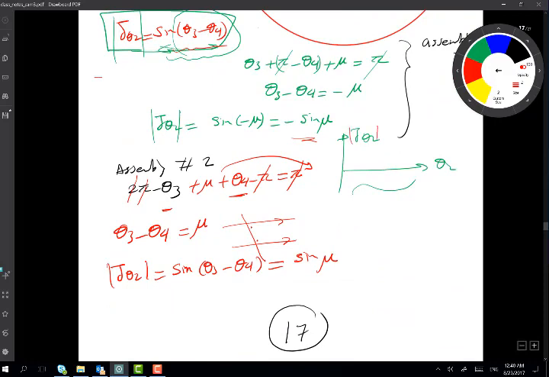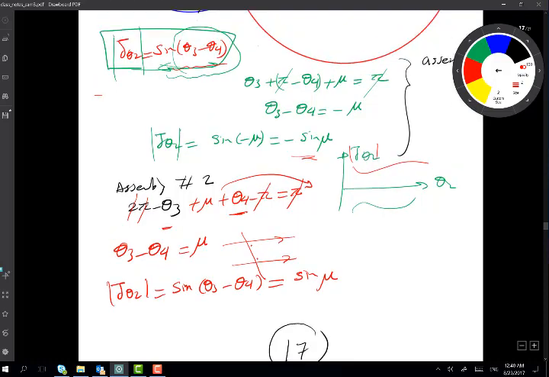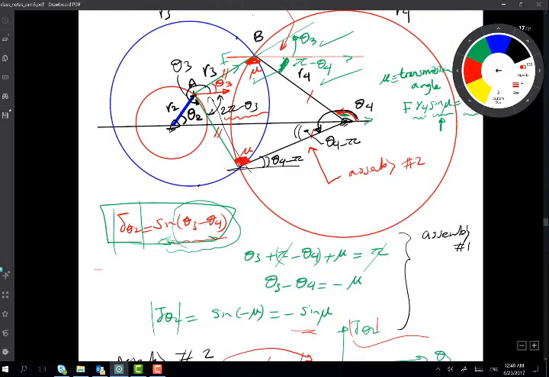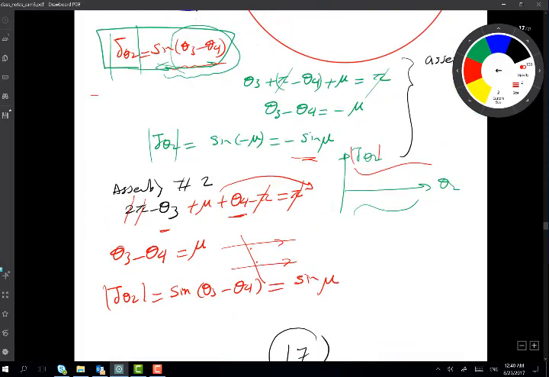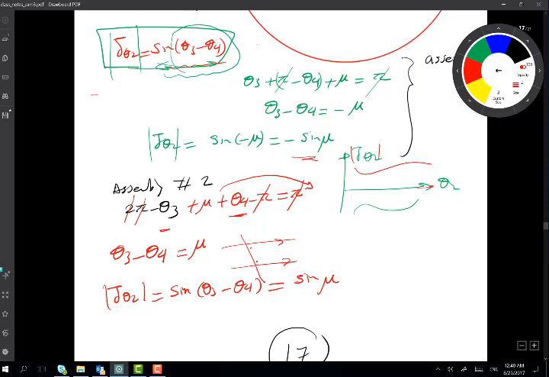Of course, mu is always equal on both sides because of those triangles and the circles intersecting. So the Jacobian is always the same magnitude for the same theta 2, but one of them would be sine mu and the other one is minus sine mu. One of them is for assembly number 1 and the other one is for assembly number 2.